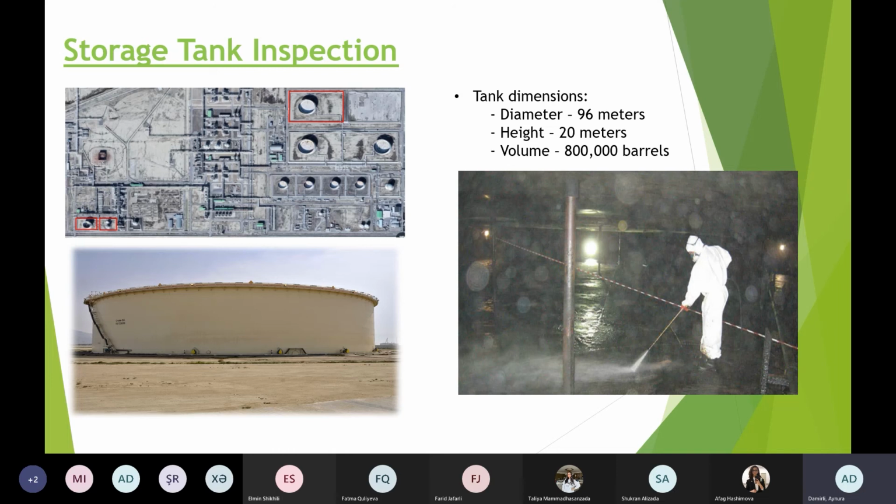And as an engineer, what we need to do is optimize our scope. We cannot just go to companies and say that to inspect this tank, I need to take this tank out of service for such an amount of time.